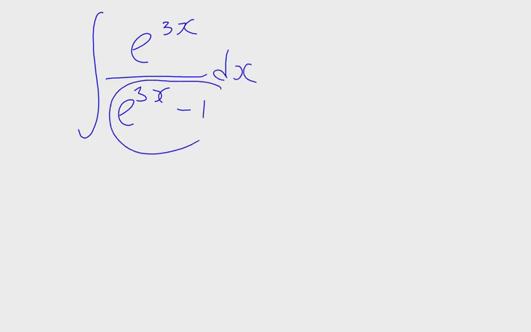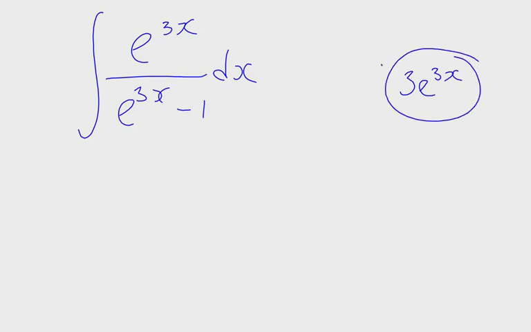Now if you look at this function, you observe that the derivative is 3e^3x. When you differentiate the constant, it is 0. But when you differentiate this, it's going to be 3e^3x. Okay? Now, this derivative is not exactly the same thing as what we have here, because of this 3.